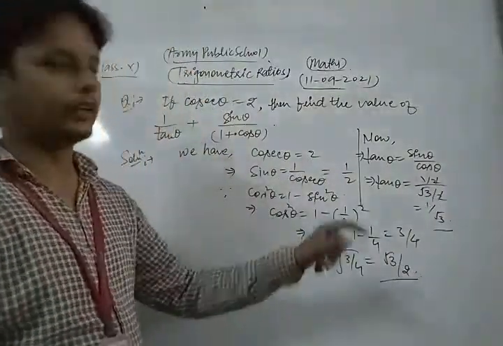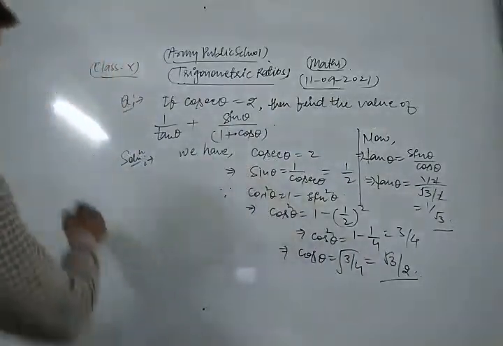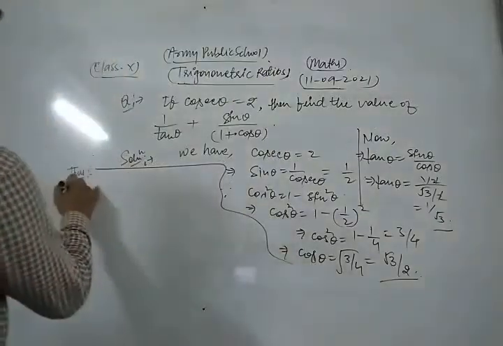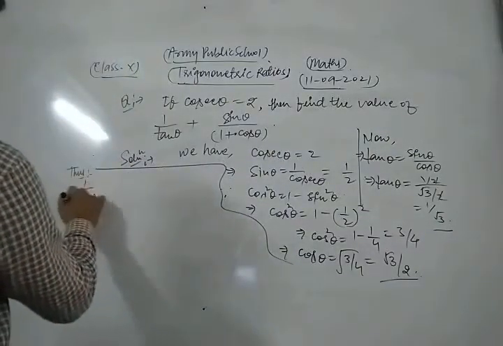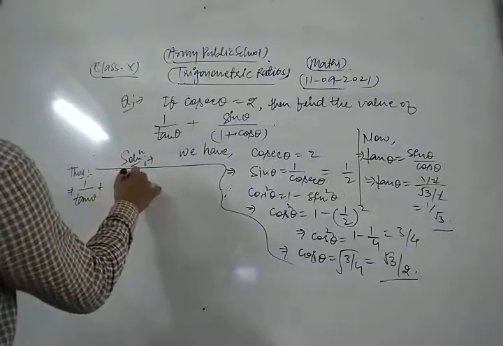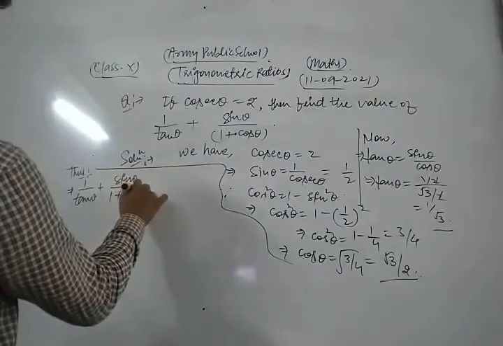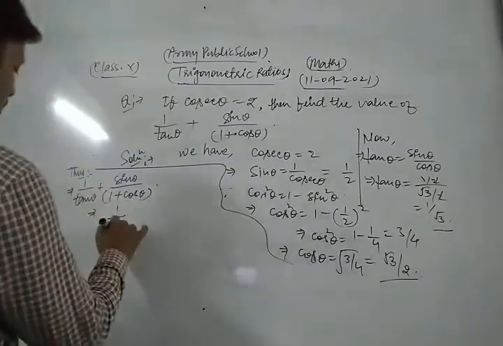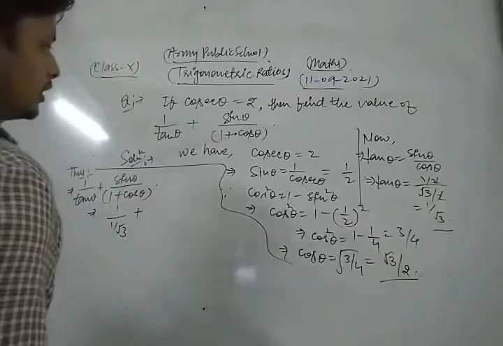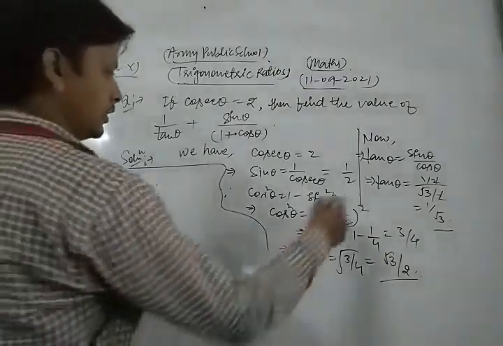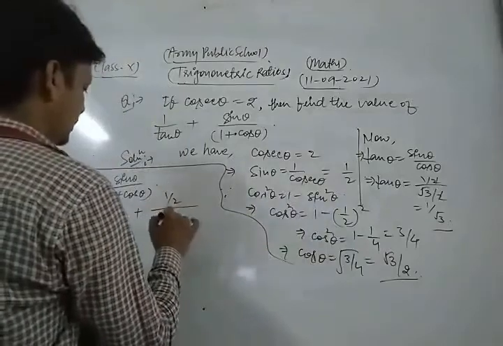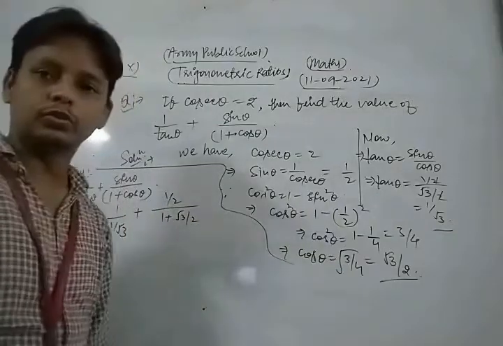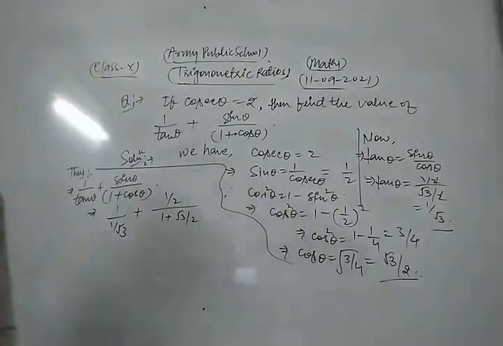Now we put all these values in the given expression. Thus the value of 1 upon tan theta plus sin theta upon 1 plus cos theta is equal to 1 upon tan theta, which is 1 upon under root 3, sin theta is 1 by 2 upon 1 plus cos theta, the value of cos theta is root 3 by 2.